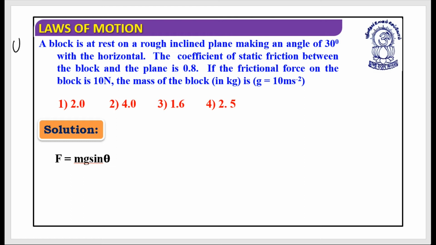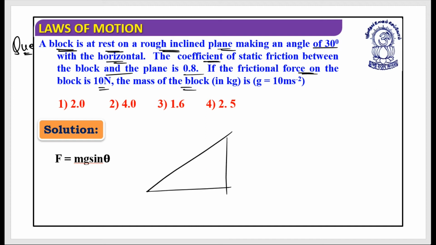Let's do it quickly. It says that a block is at rest on a rough inclined plane making an angle of 30 degrees with the horizontal. If the coefficient of friction between the block and the plane is 0.8 and the frictional force on the block is 10 Newton, the mass of the block is? Let's suppose this is the situation where it is making an angle of 30 degrees.